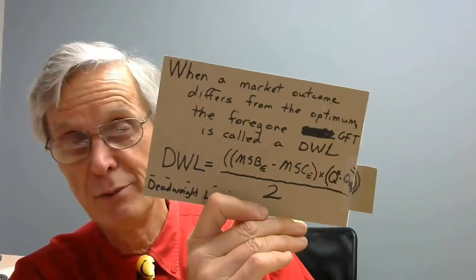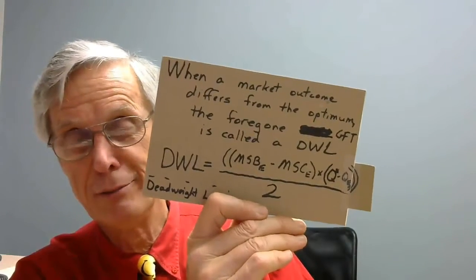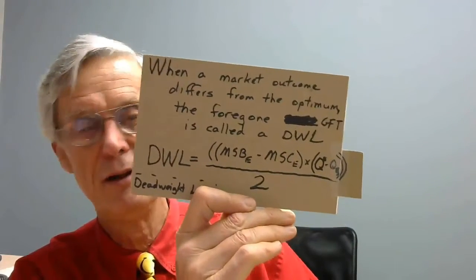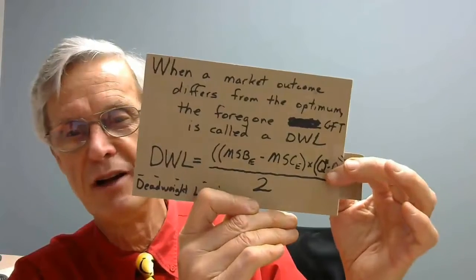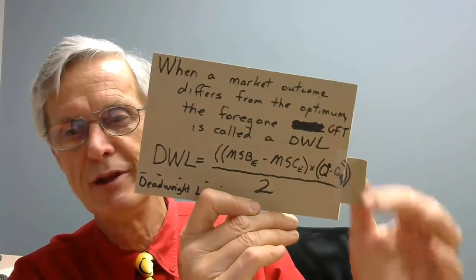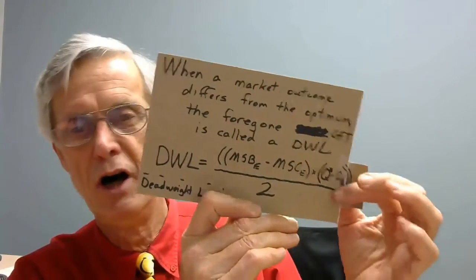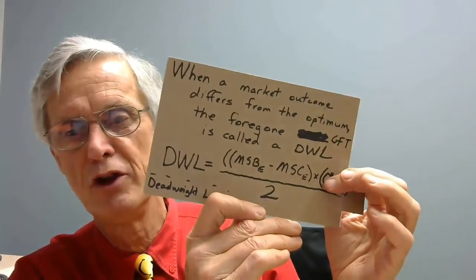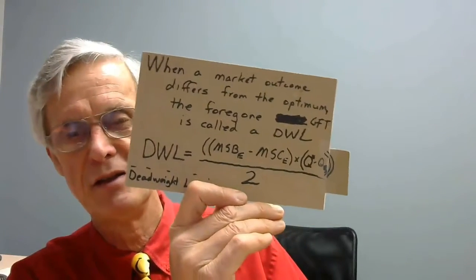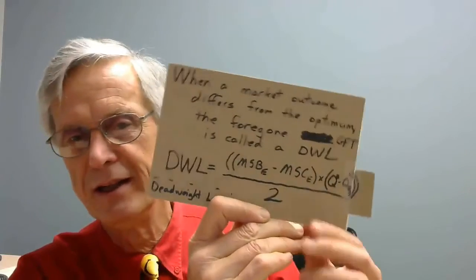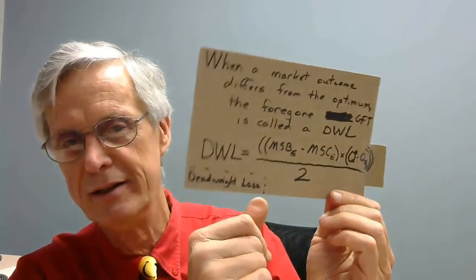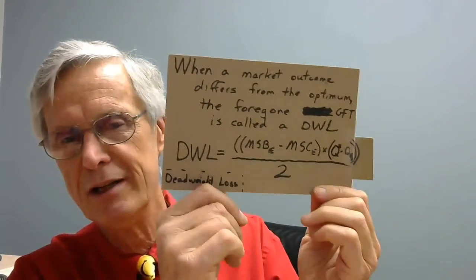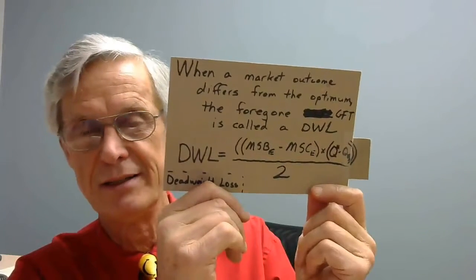That's what will give you a dead weight loss, when those differ at the equilibrium. And the other thing where I have my little tag here, that's Q star, the optimum, minus the equilibrium, where you are versus where you should be. And then because it's a triangle, you have your divide by 2 thing again, and at the bottom where my knuckle is covering, I'm defining what DWL means. It means dead weight loss.